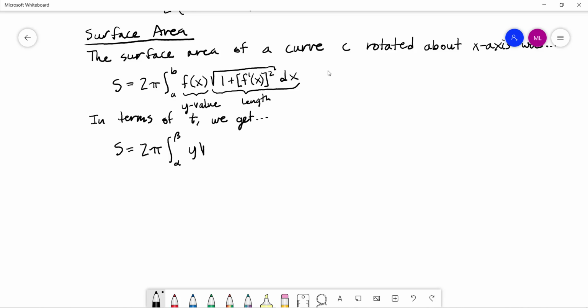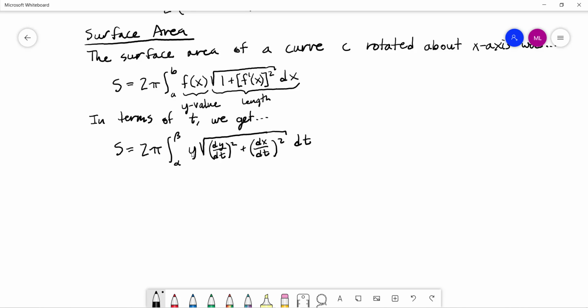And then our arc length is now written as the square root of dy dt squared plus dx dt squared dt. I'm not going to go into all the details, but this follows the same idea, right? This was meant to represent the arc length. Now this is the arc length. This represented a height.